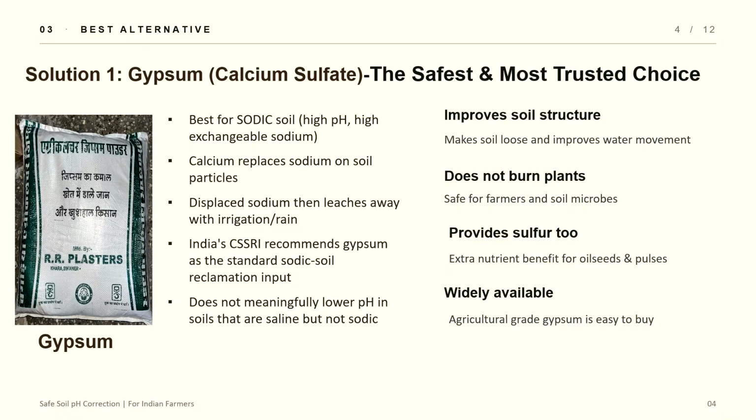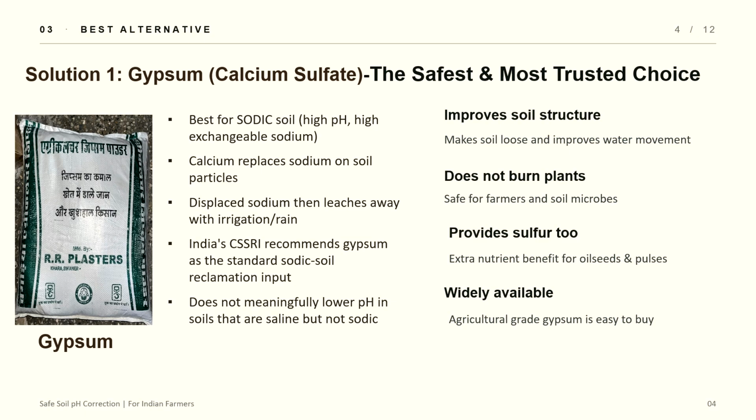Best alternative, solution 1: gypsum, calcium sulfate, the safest and most trusted choice. It is best for sodic soil, high pH, high exchangeable sodium. Calcium replaces sodium on soil particles because it contains calcium sulfate.